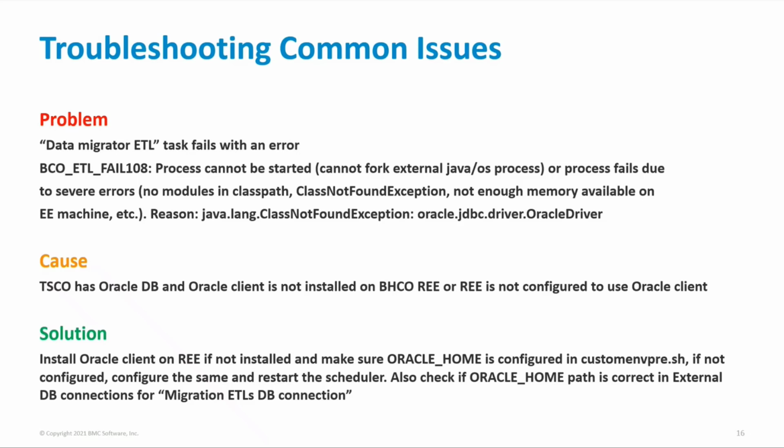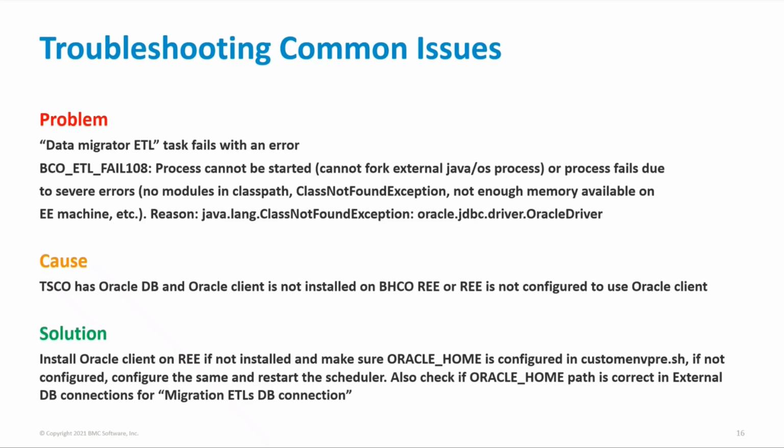To resolve the problem immediately, let's say that your system migrator system task is over, and then the data migrator ETL task starts. As I said before, the data migrator ETL task runs on the remote ETL engine that connects to your TSCO database. Now let's say that TSCO has an Oracle database. This is specifically for the Oracle database.